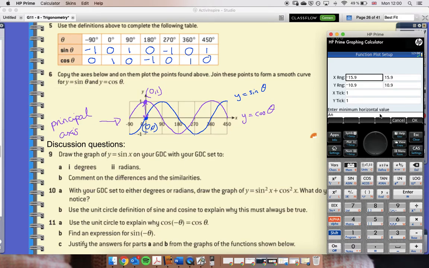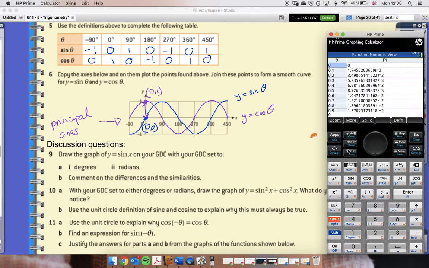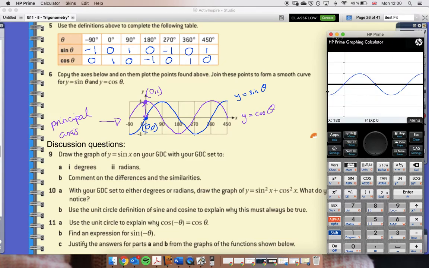I need to use the negative symbol, that's why. And let's go up to 450, I don't really need to go quite that far. Let's go down to negative 3, and let's make it positive 3 as well. Okay, so there is my function, my sine curve.